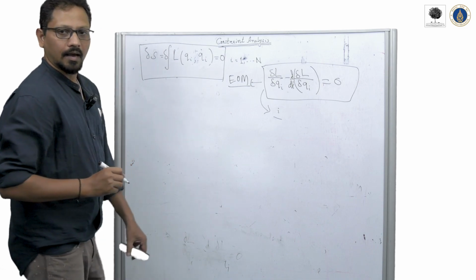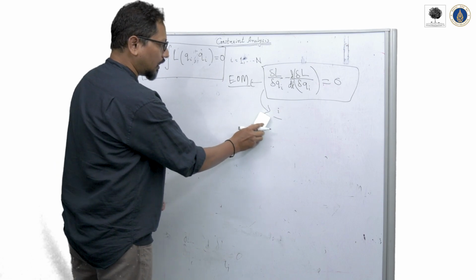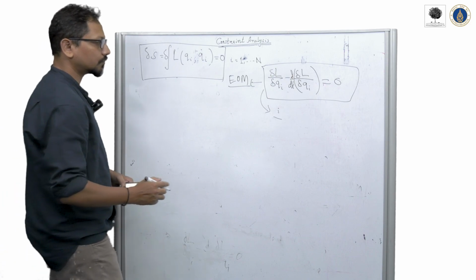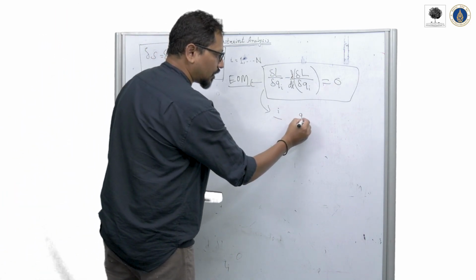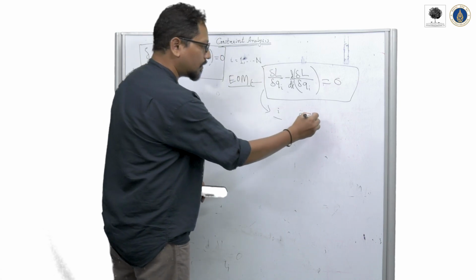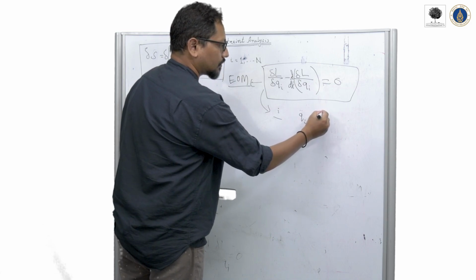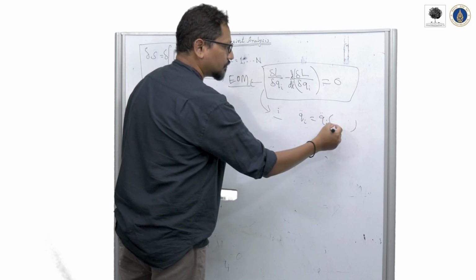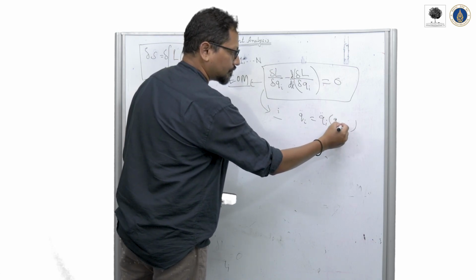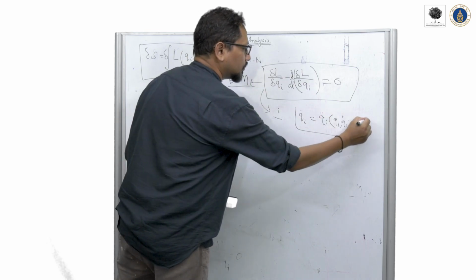Now let us analyze this equation of motion a bit in detail. The ultimate aim of the equation of motion is to write the acceleration for each i in terms of qi, qi dot, or possibly time, in general.